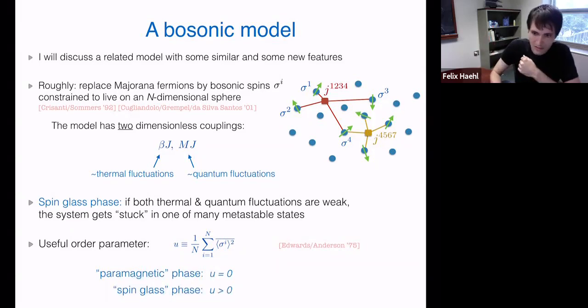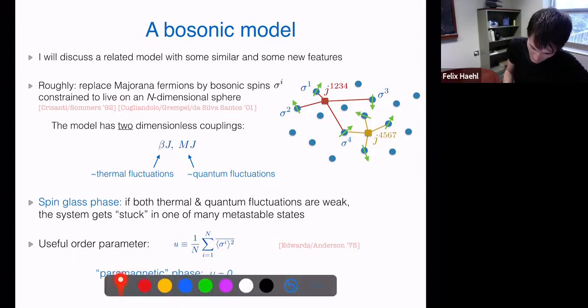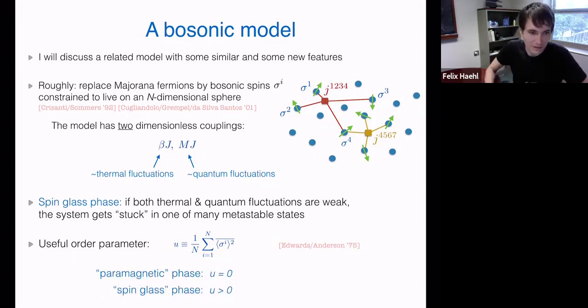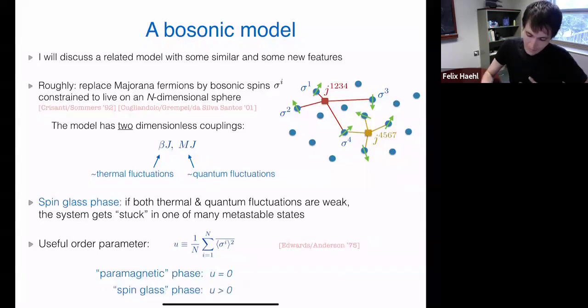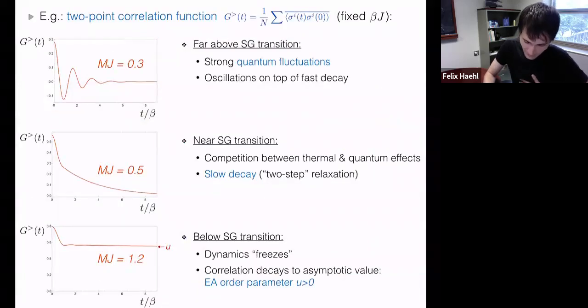But if you square them in this way, the square can still survive the disorder averaging. And similarly, this will serve as an order parameter, and if this quantity vanishes, we're in what I call the paramagnetic phase, which is contrasted with the spin glass phase, where this order parameter is non-zero. And to make this a bit more concrete, I plotted here something more dynamical that you can have in mind.